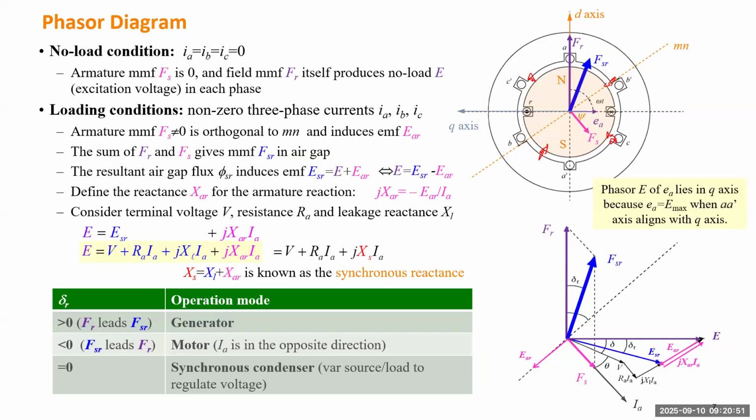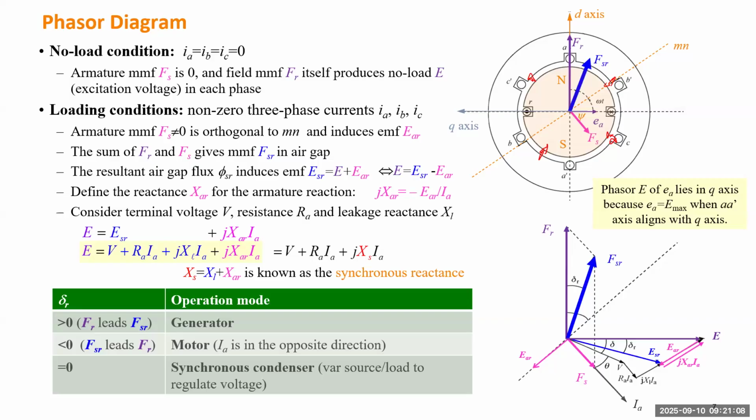And this is lagging this one by 90 degrees because of Faraday's law. So to calculate the induced voltage, you need to get the function of this one, then you calculate the derivative, right? And add a negative sign.